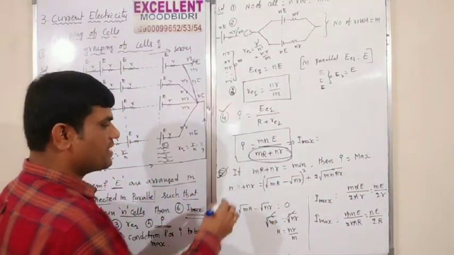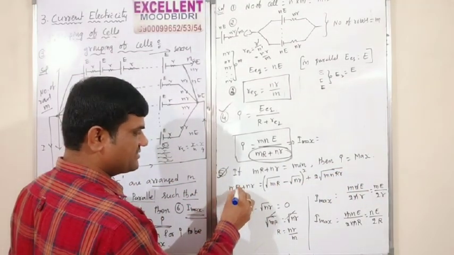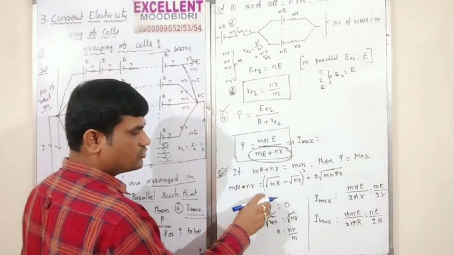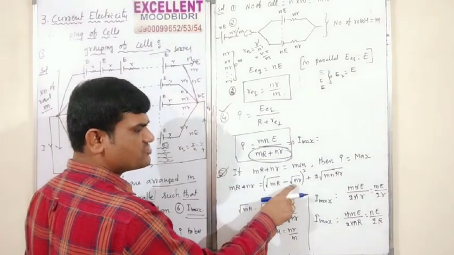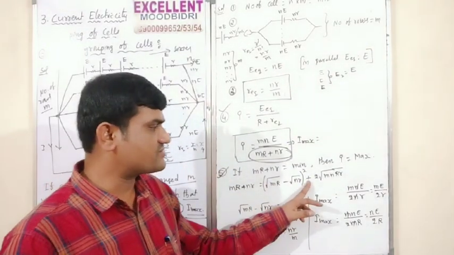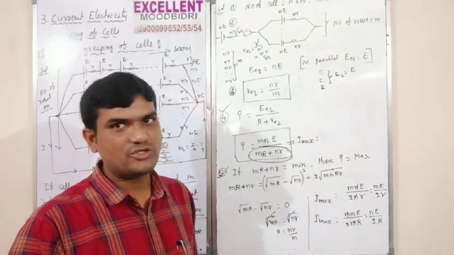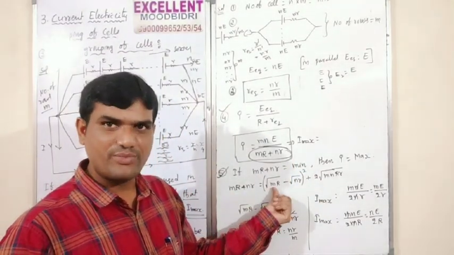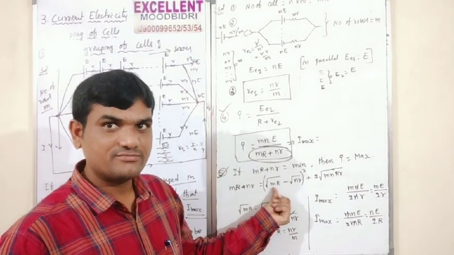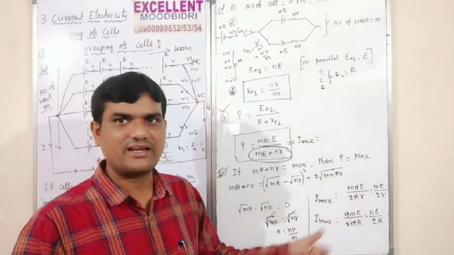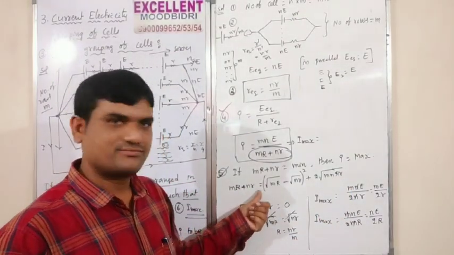So I write Mr plus Nr as root over Mr minus root over Nr whole square plus 2AB. It is the same formula: A minus B whole square means A square plus B square minus 2AB. Minus 2AB, and 2AB means 2 root over Mr Nr, gets cancelled. Therefore, the same formula comes.